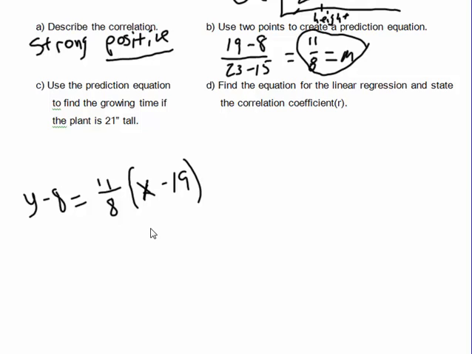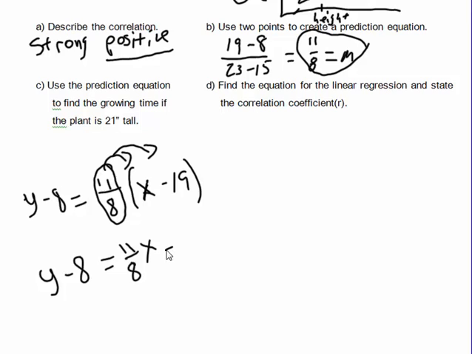All right, so then I want to distribute my slope. Distribute M to those guys. So I get y minus 8 equals 11 eighths x minus, let's see, what's 11 times 19? 11 times 20 would be 220, minus 11.